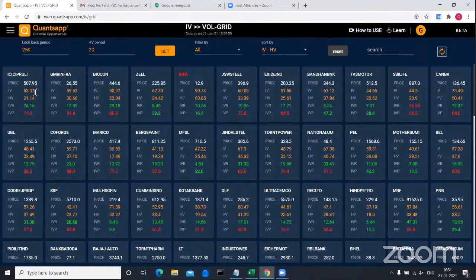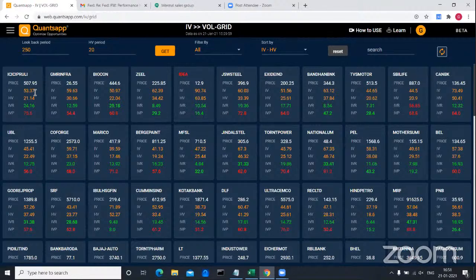Where is IV useful? IV is useful most of the time, and if you are looking into, let's say, options, then IV is very useful. IV and options have a direct relationship. As the implied volatility increases, your option premium also increases.